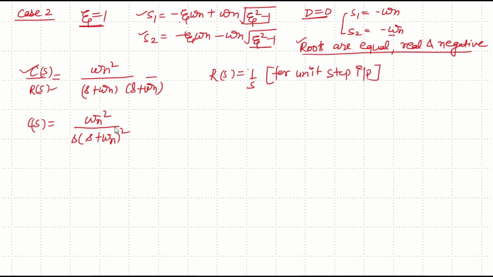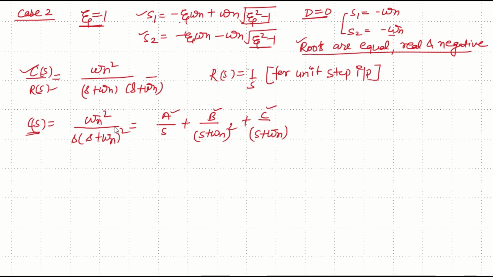Now when we want to calculate the value of Ct from this Cs, again we have to do partial fraction. So let us suppose the partial fraction is a by s plus b by s plus omega n whole square plus c by s plus omega n. Again, I am not calculating these values.